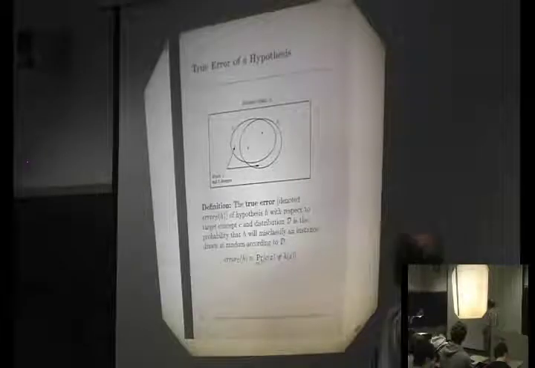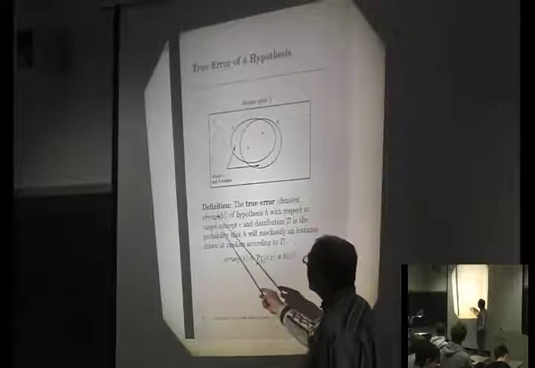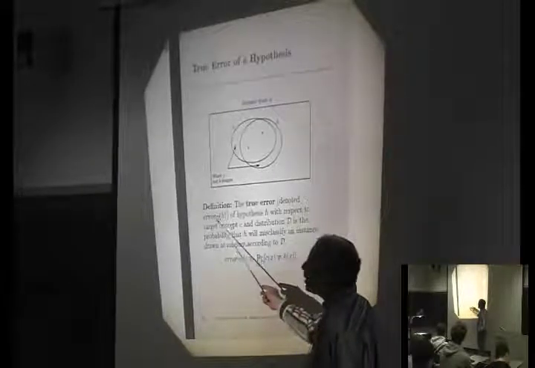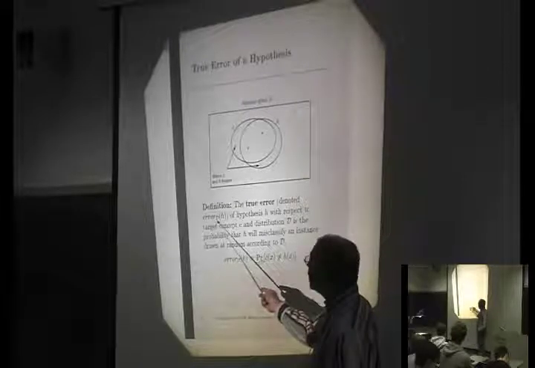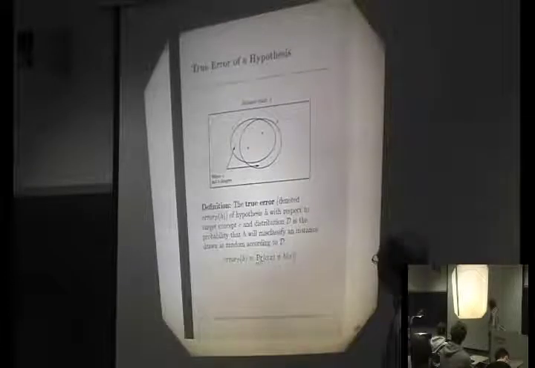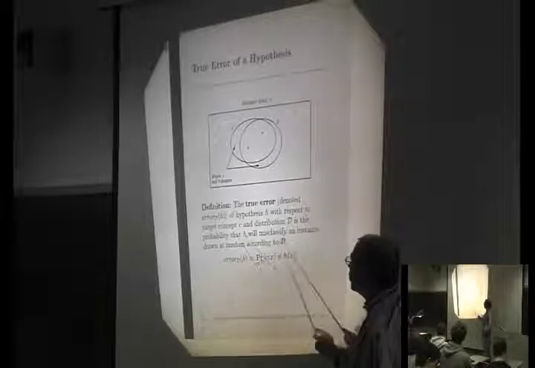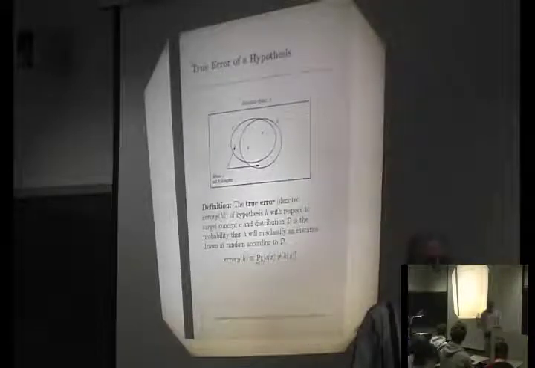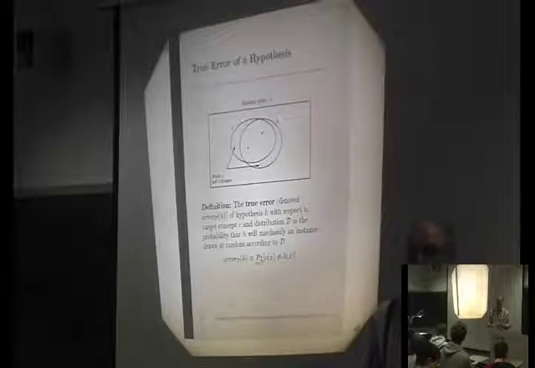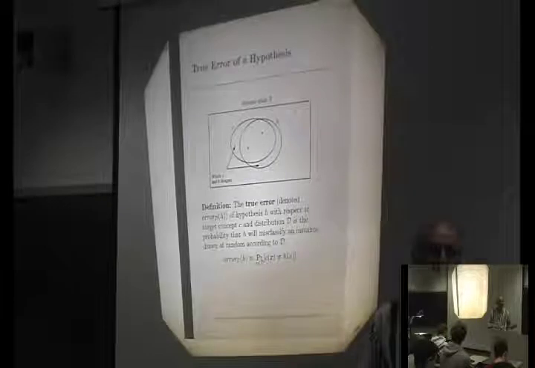So the definition of the true error of a hypothesis H, which we will write as error of the hypothesis H with the curly D as a subscript to remind us it depends very much on curly D, with respect to target concept C and the distribution curly D, is the probability that H will misclassify an instance that is drawn randomly according to curly D. So it's defined here in probabilistic terms, but you can also think about it as behavior over progressively longer samples, or expected behavior as the size of the sample goes to infinity.